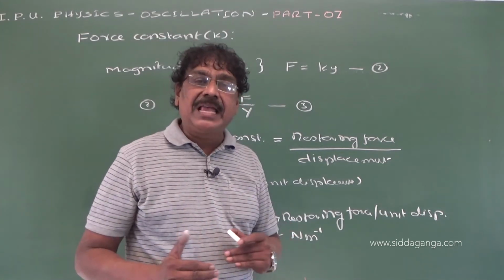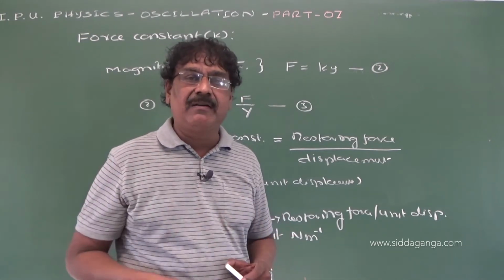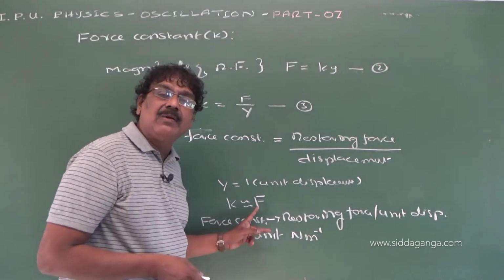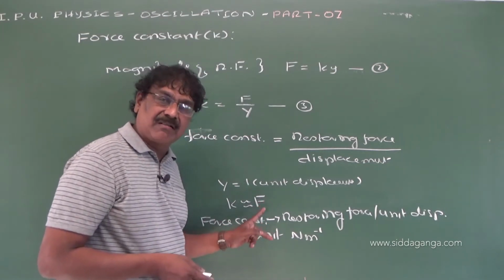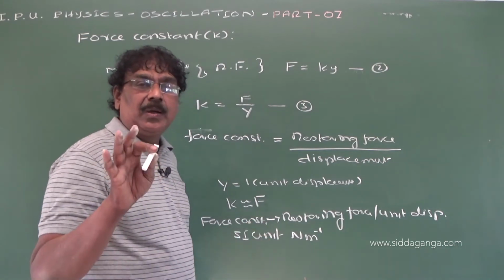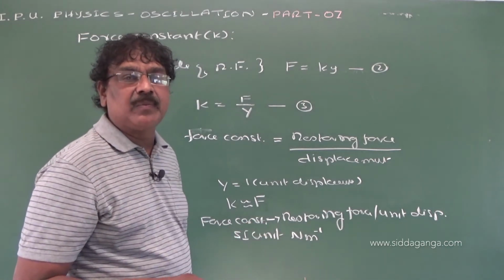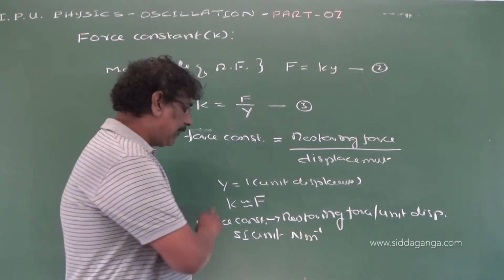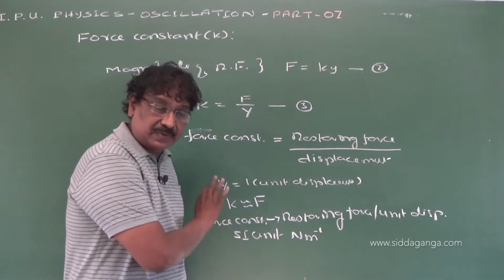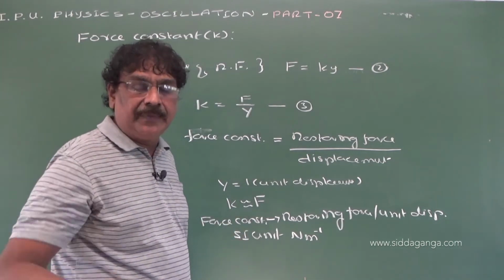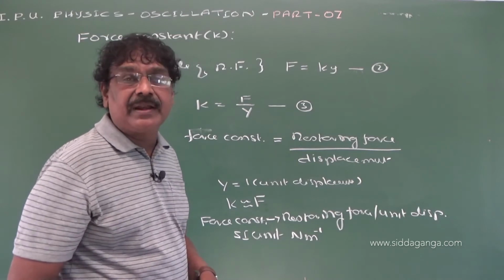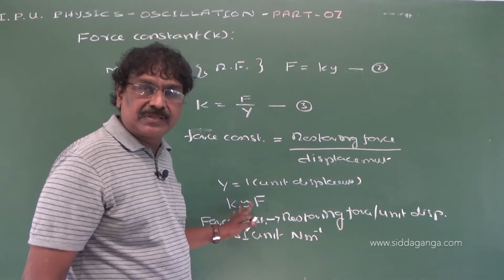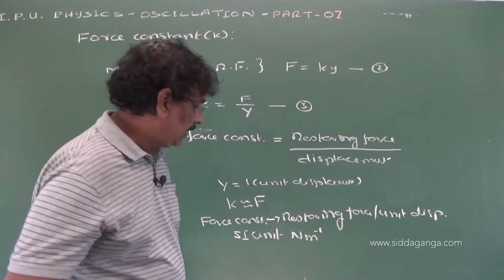The time period and frequency of simple harmonic motion depend upon the value of k, the force constant. That's why it is very important. Even when we obtain the expression for time period and frequency, it involves this k, the force constant. That's all about this force constant.